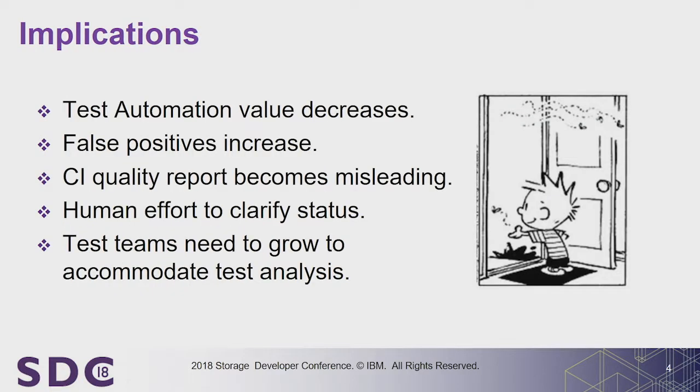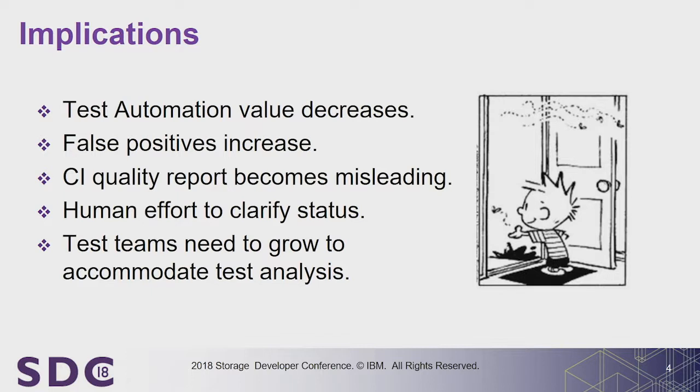And the implication is that the overall value of the test automation is seen as decreased, especially now that we are being forced to become more agile, and test automation is the way to become more agile. We face this reality that when we have all this complexity in products like file systems, test automation starts to lose its value.